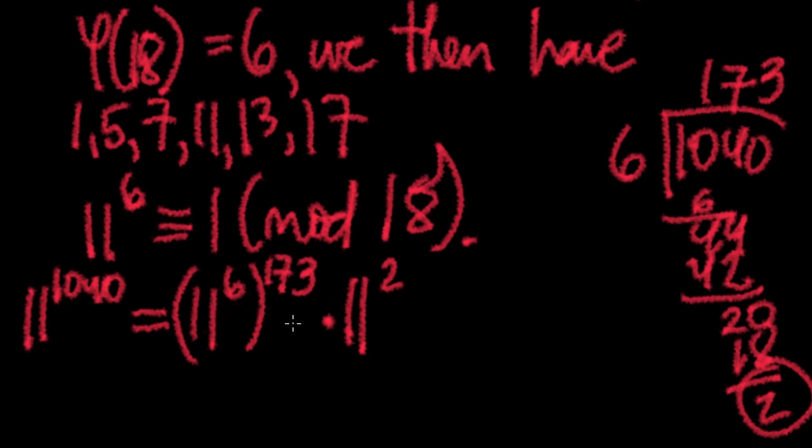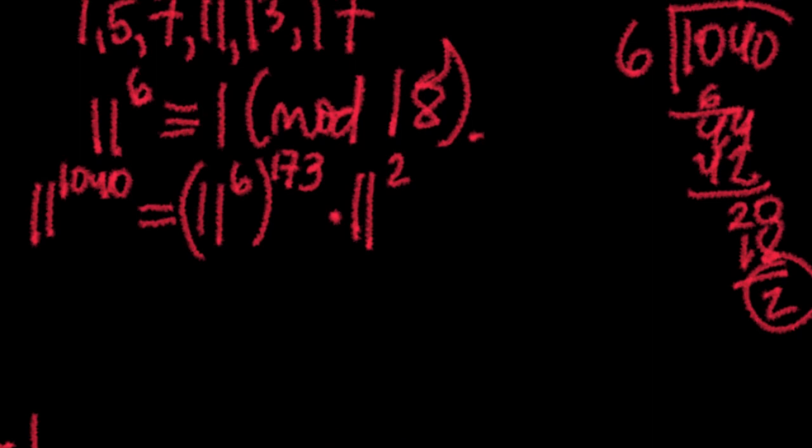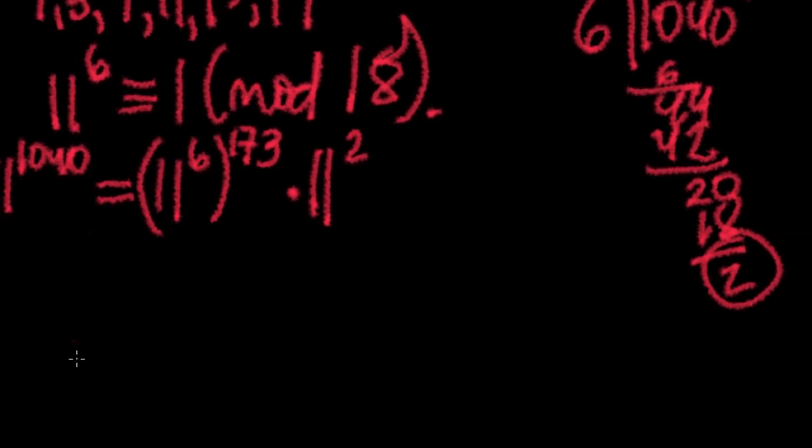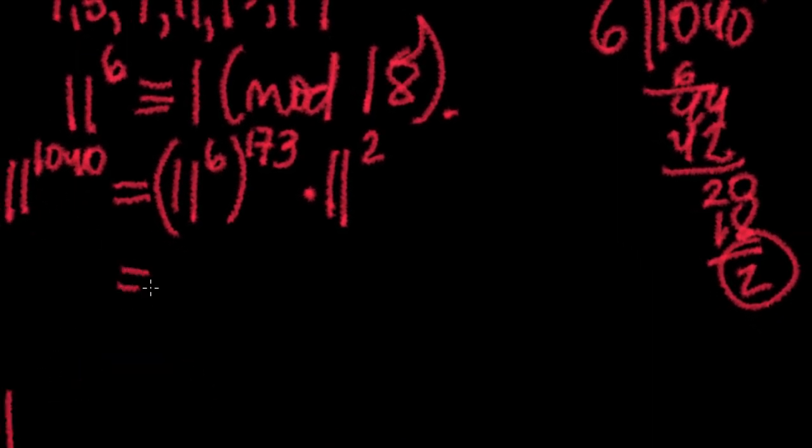We know that 11 raised to 6 is equal to 1. Now, what will happen here? So what will happen here is that we have 1 raised to 173 times 1 squared is going to be 1.